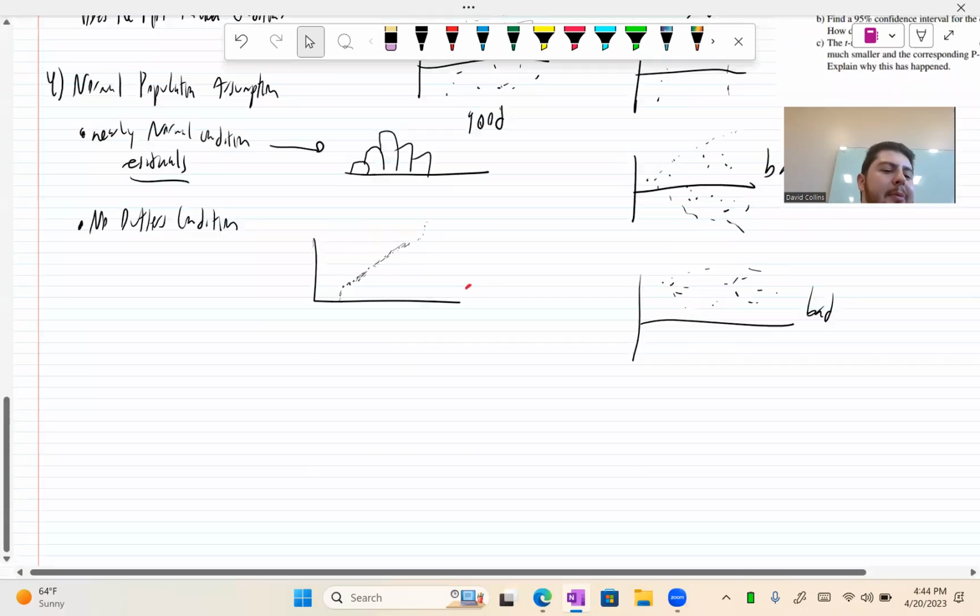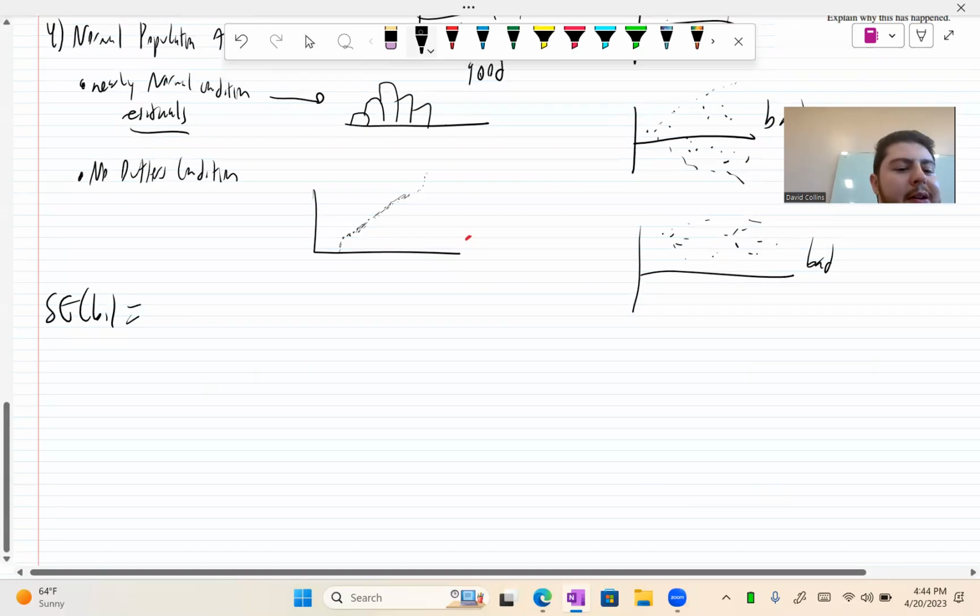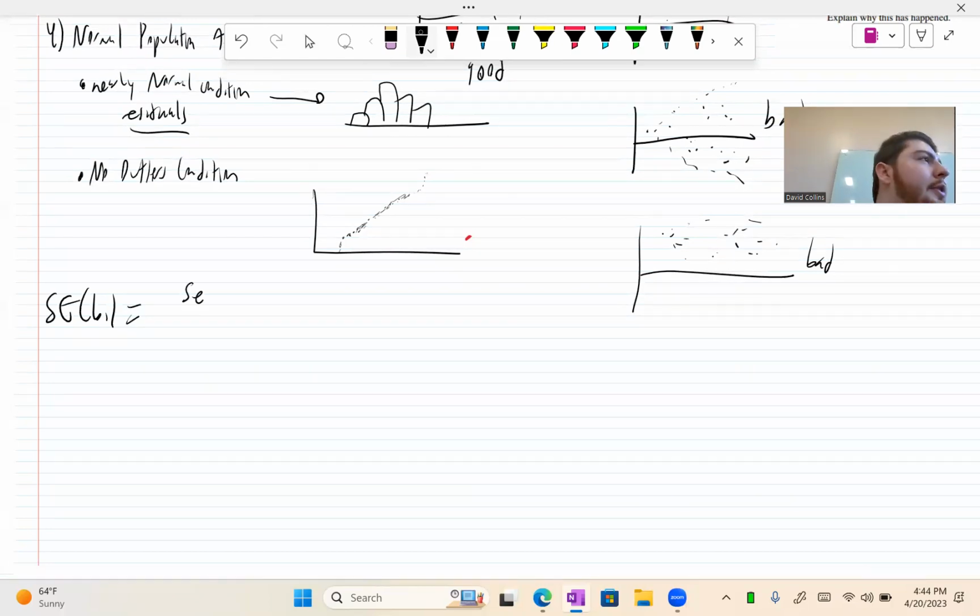So then we have the math. The standard error of the slope is the standard deviation of the residuals divided by the standard deviation of the data times the square root of n minus 1. B1 is the sample slope. The standard error of the sample slope is the standard deviation of the residuals divided by the standard deviation of the data times the square root of n minus 1.